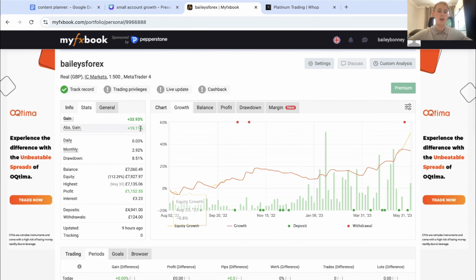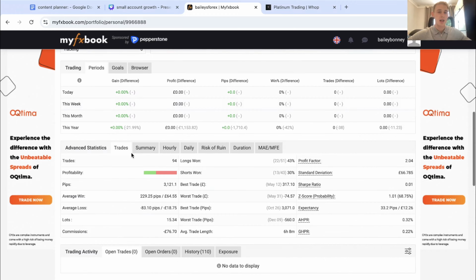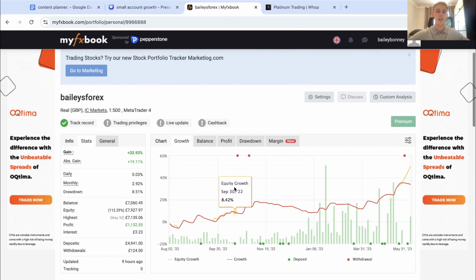And as we can see, over that just under 1 year period, we made 33.9%. Again, this is risking 1% per trade. And it was not such a small account, but in this case, just imagine we had £1,000 in this account.